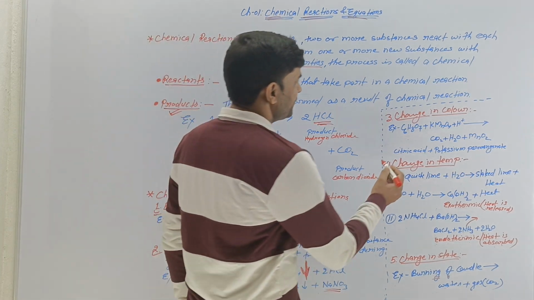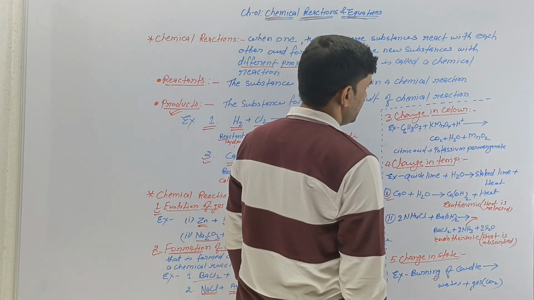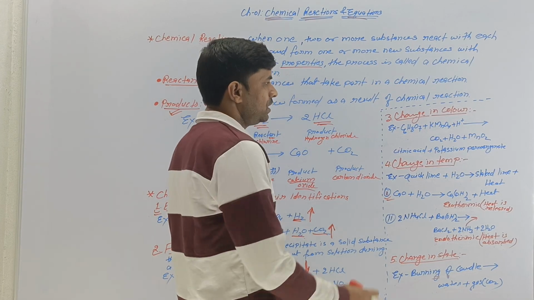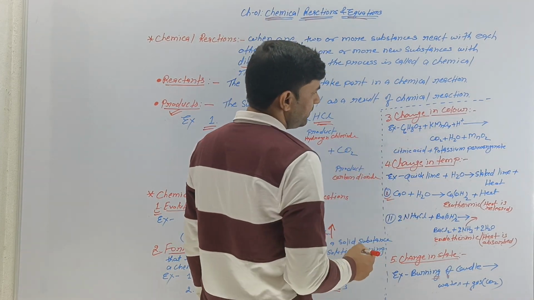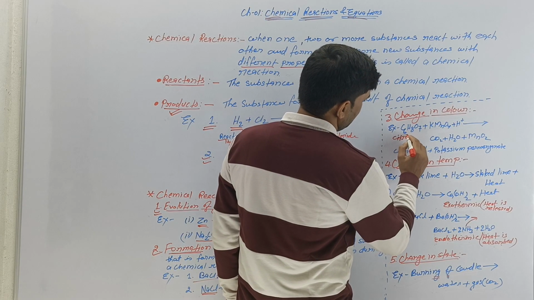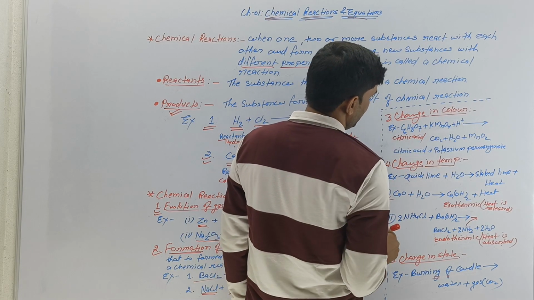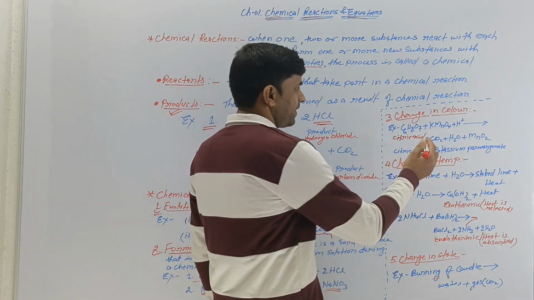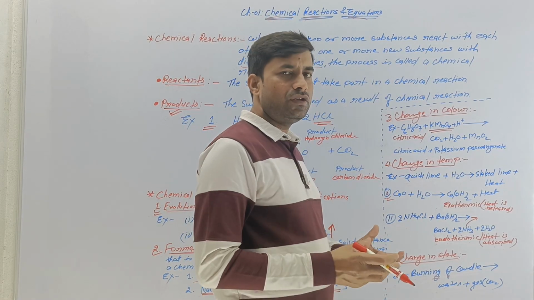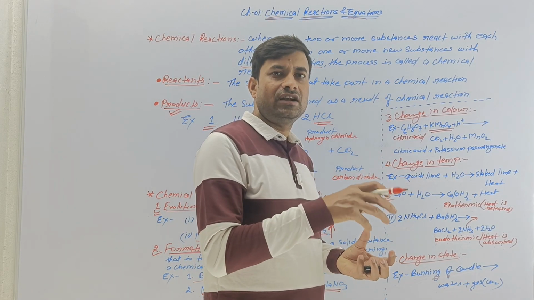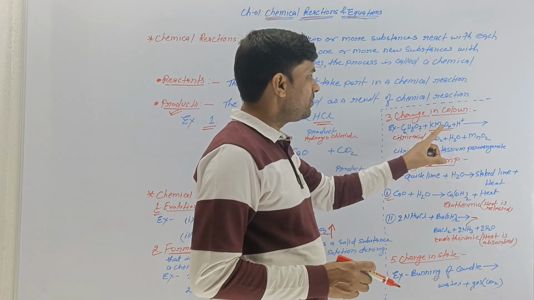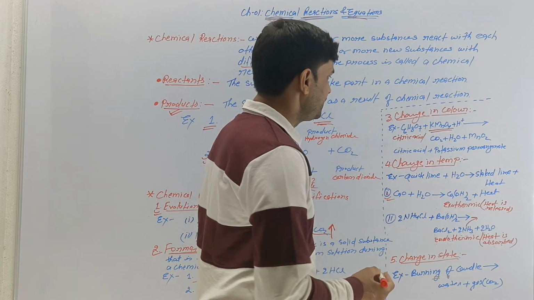Another identification, number 3: change in temperature, change in color, and change in state. So let us see change in color. When citric acid, this is citric acid, comes in contact with potassium permanganate, or we can say when we pour citric acid, lemon juice, on potassium permanganate, then the color of potassium permanganate disappears.